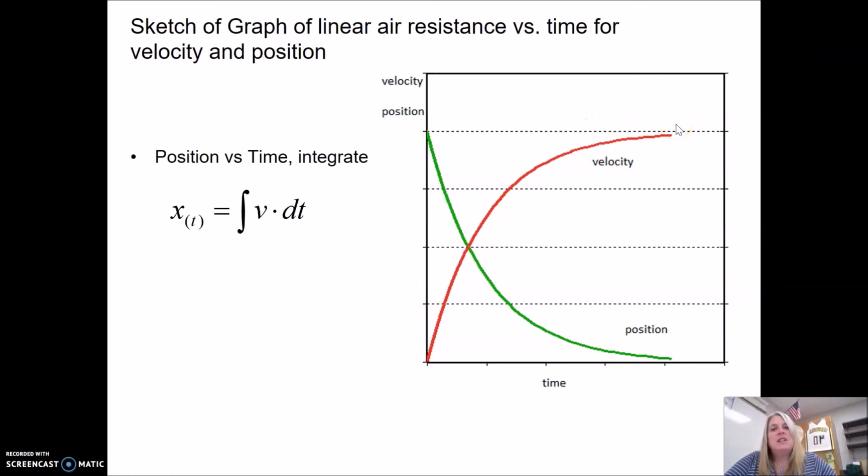So as the velocity increases, the drag force increases, which then slows down the velocity of the object until we reach our terminal speed. But from a position standpoint, we're still gaining position. It's just that we're gaining position at a slower rate. So this would be what our velocity and position graphs might look like.